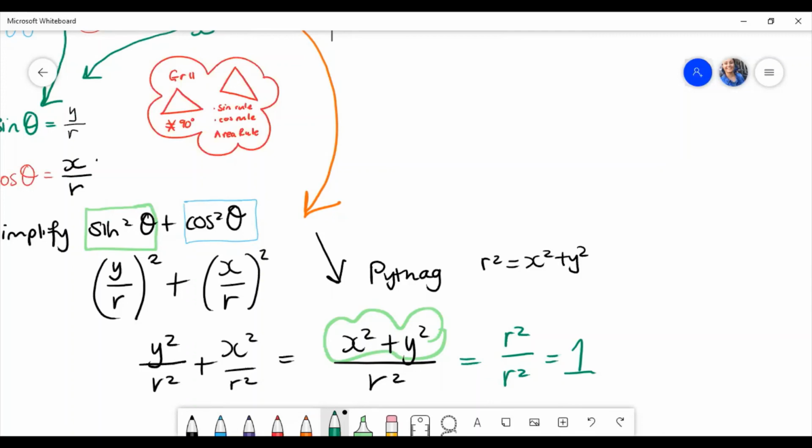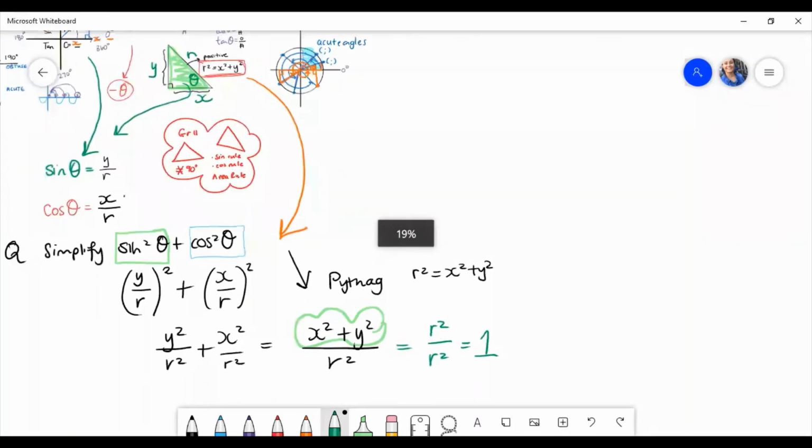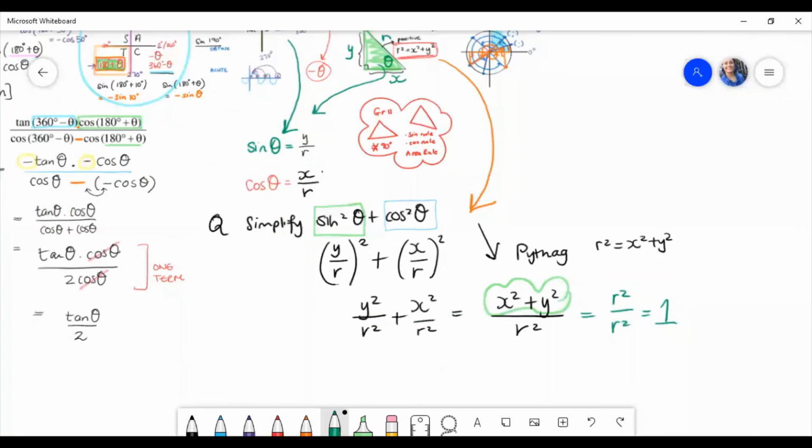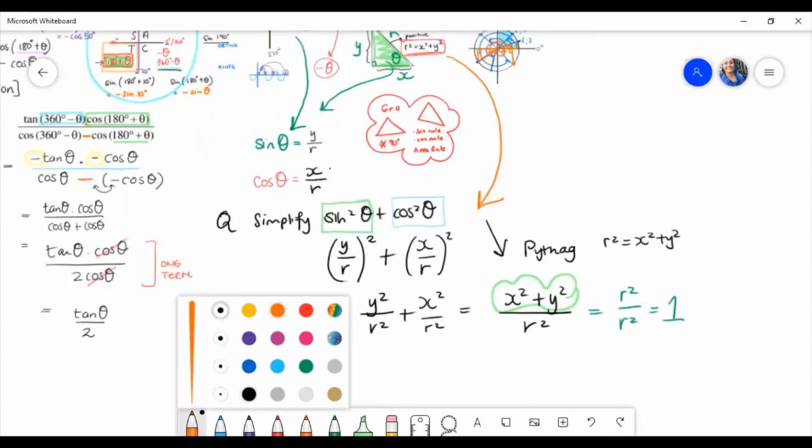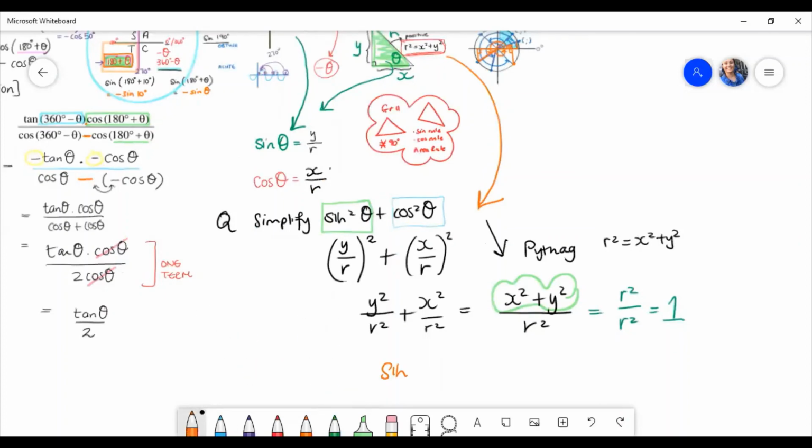And that is where we often see this identity being used. We used to prove it a lot in grade 10, but now we are going to use it as an identity, and we assume that theoretically all grade 11s should know that sine squared theta plus cos squared theta is equal to 1.